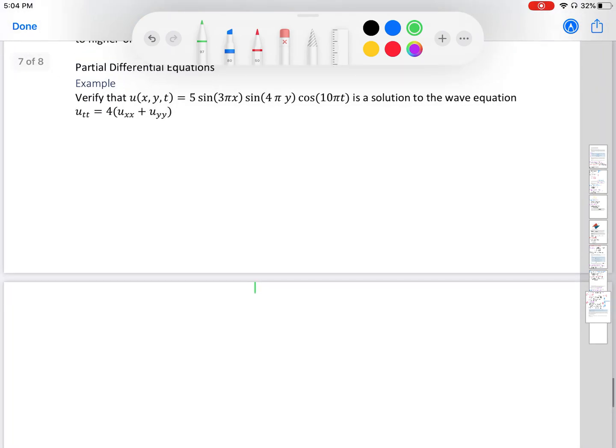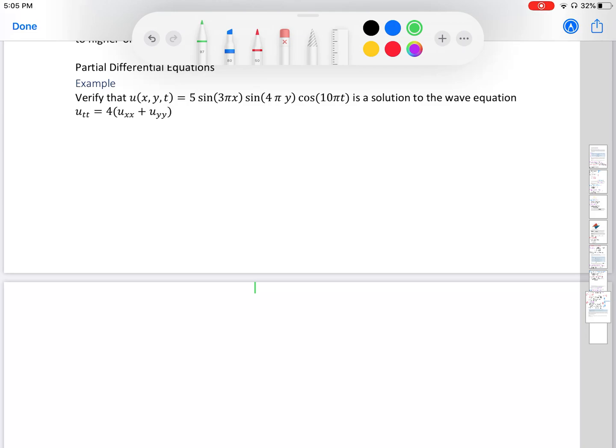Verify that u of x, y, t equals 5 sine of 3 pi x times sine of 4 pi y times cosine of 10 pi t is a solution for the wave equation u tt is equal to 4 u xx plus 4 u yy.